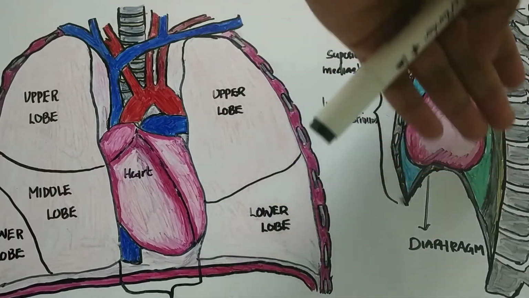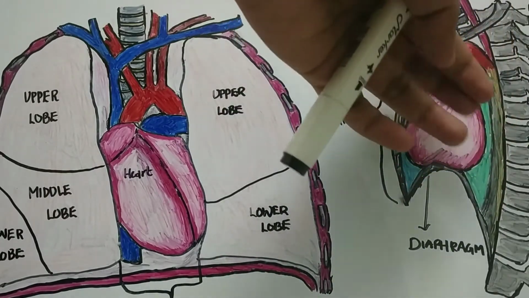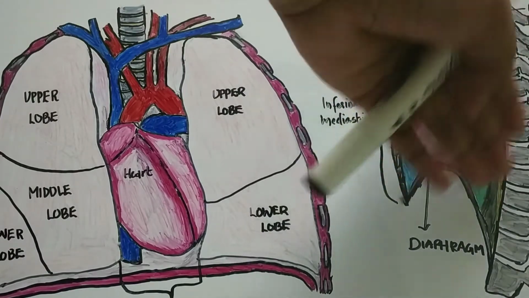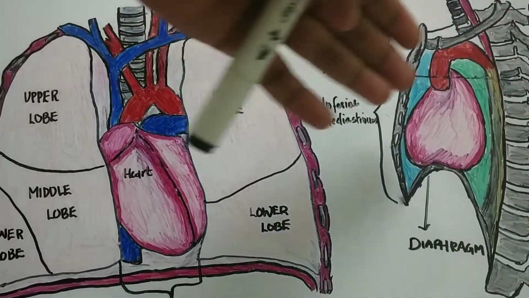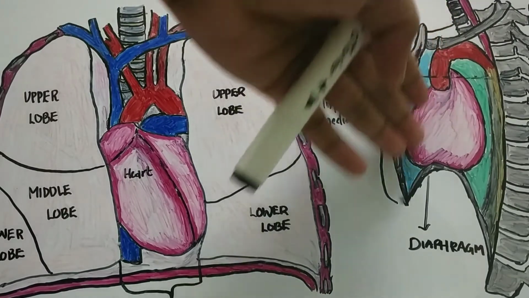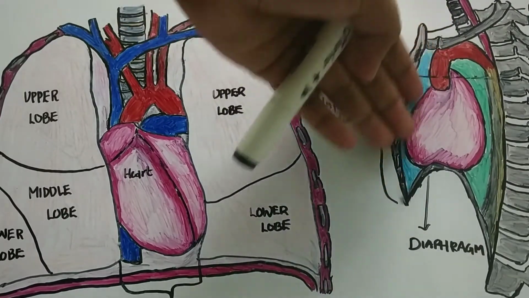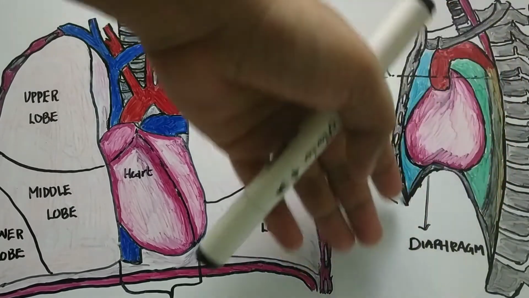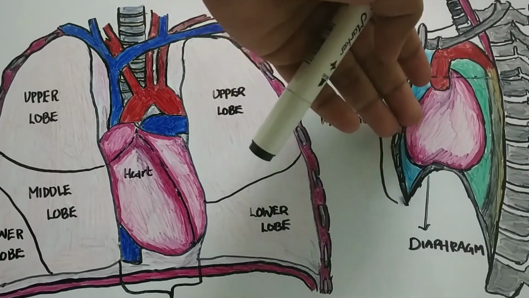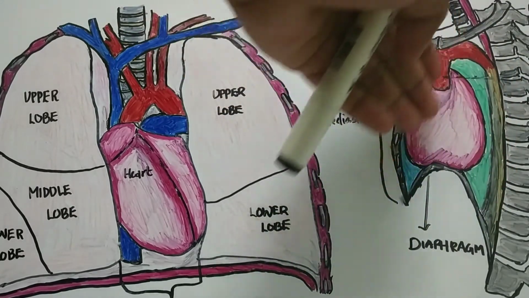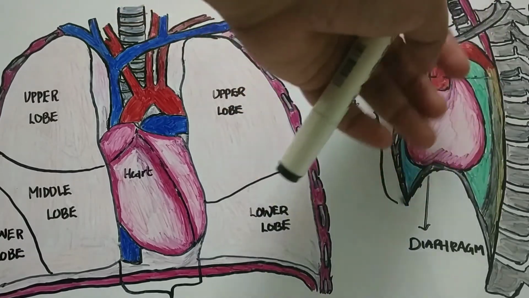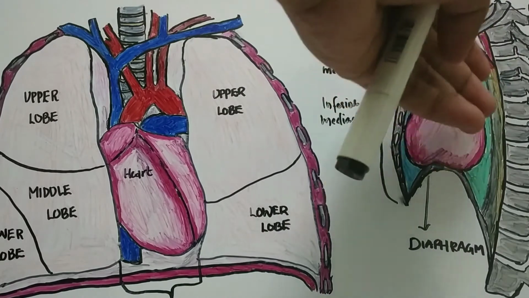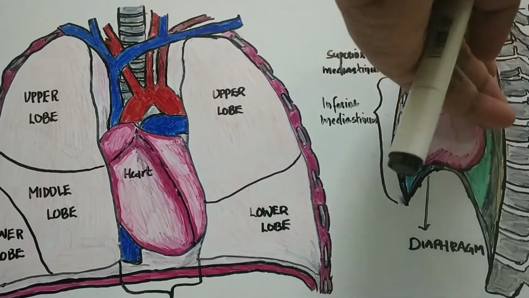The middle mediastinum is the space where the heart is located, and the posterior mediastinum is the space behind the pericardium.